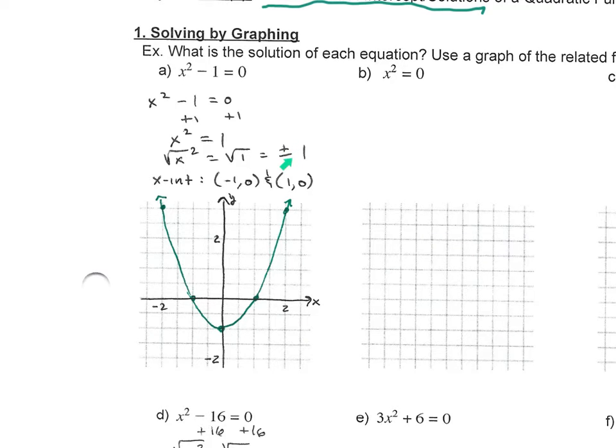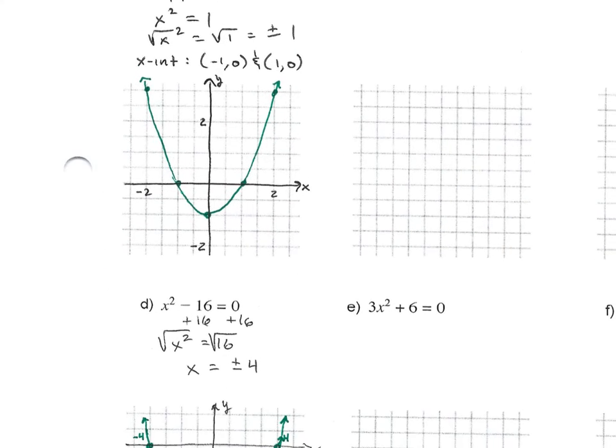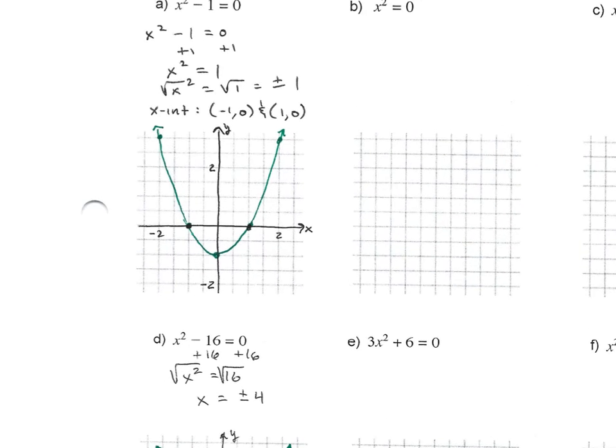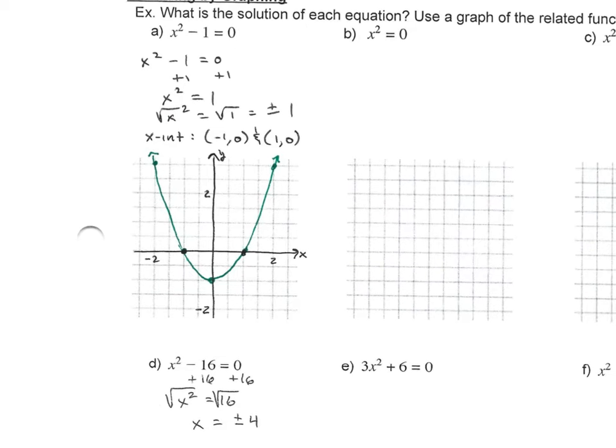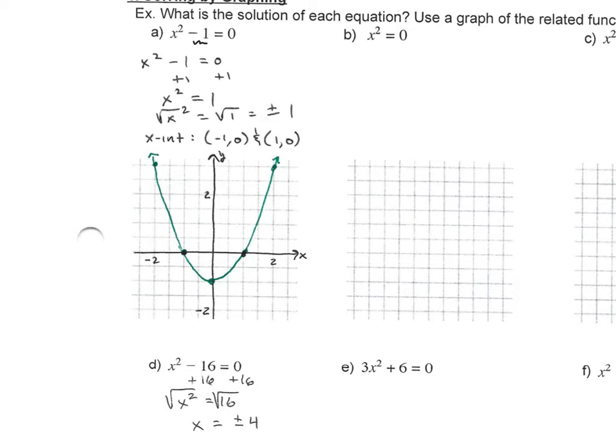So my solutions, or my x-intercepts, turn out to be negative 1 and 1. If they're x-intercepts, I know that the value of y there is going to be 0. So I'm able to graph those points right here. And I'm also able to look at my function and realize that my y-intercept is my c value, which happens to be negative 1.